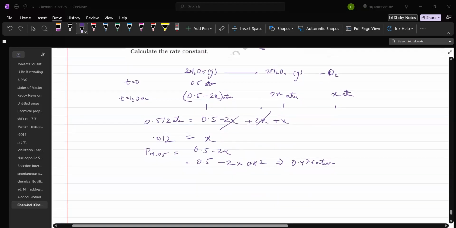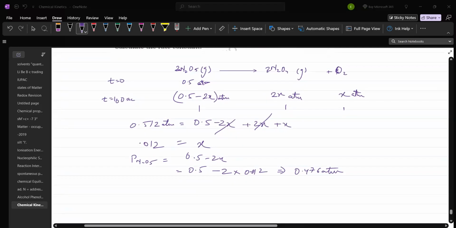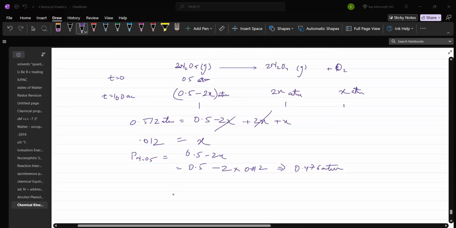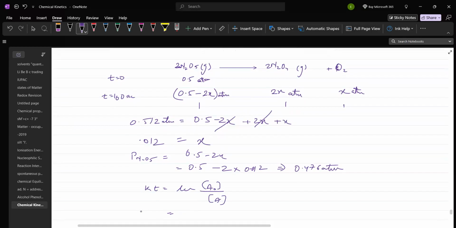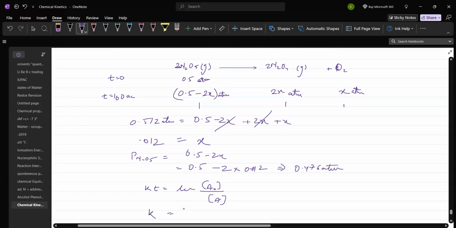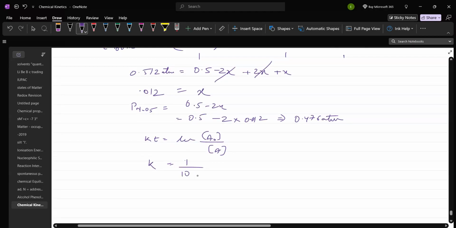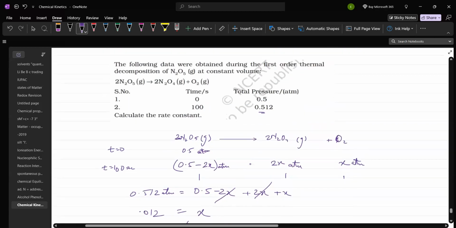So now we have to apply our chemical kinetics formula. We have kt equal to ln A naught upon A. Here, in place of concentration, we will use pressure. At time t, which is 100 seconds, ln will be ln only. A naught is what?